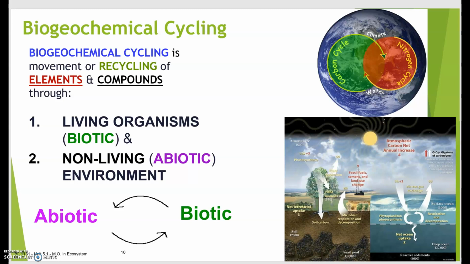And nutrients and compounds will cycle through each part of this ecosystem in a cycle. And if you look up at the picture on the top right here, we get the carbon cycle and a nitrogen cycle. What this is trying to show you is that these global patterns are dependent upon each other. We need to have these functioning effectively in order for our planet to be healthy.